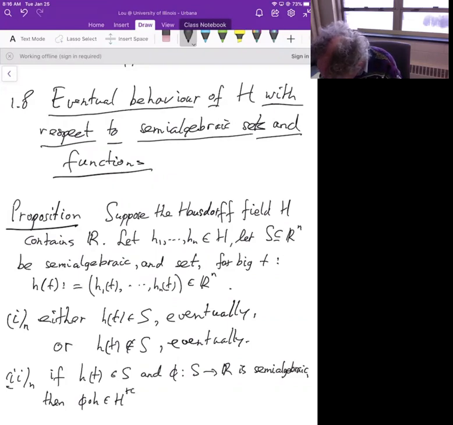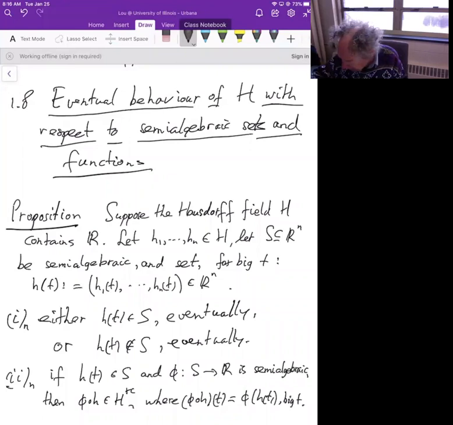And of course phi composed with h has the natural meaning that for big t, it's equal to phi of h(t).